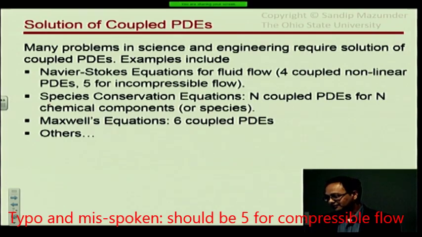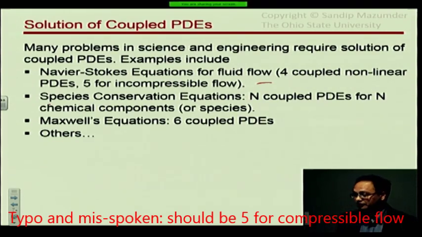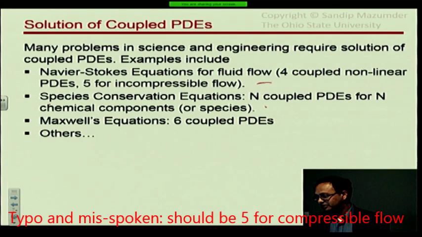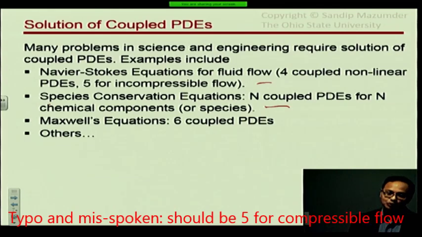Some examples most of you are familiar with: Navier-Stokes, 4 coupled nonlinear PDEs, 5 if you have compressible flow, because then you have to also take the energy equation into account. Species conservation equations if you're doing reacting flow calculations, n coupled PDEs for n chemical components, and n could be very large, sometimes 60, 70.